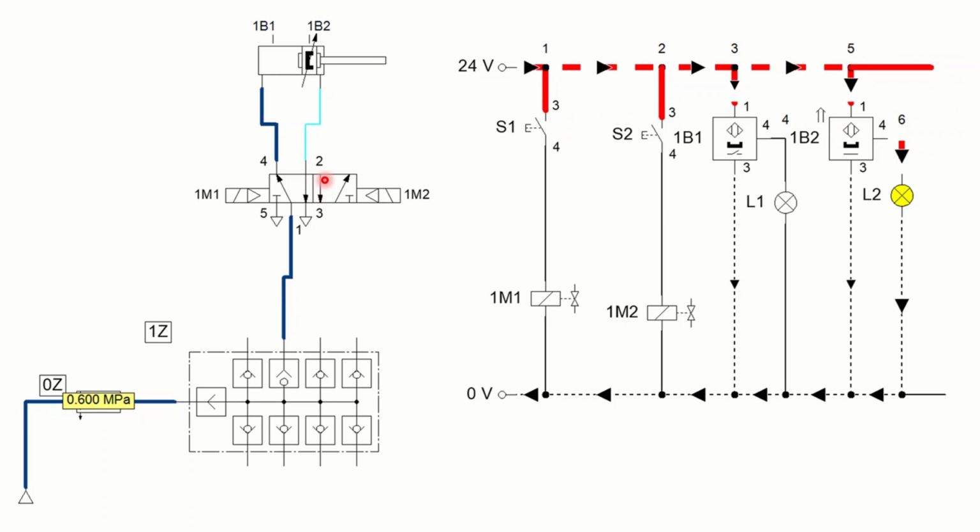You can watch those videos too if you want to see how those connections work. But with magnetic proximity sensors, we can exactly and accurately feel the position of the piston when it reaches a designated location.